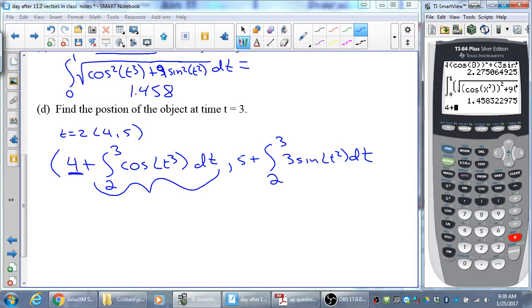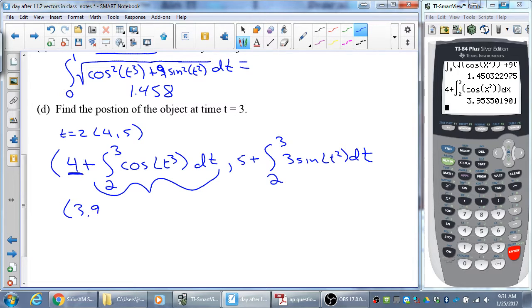4 plus, math number 9, 2 to 3 of cosine of x to the third. Don't have to square anything here. x. 3.954. So it actually went backwards.